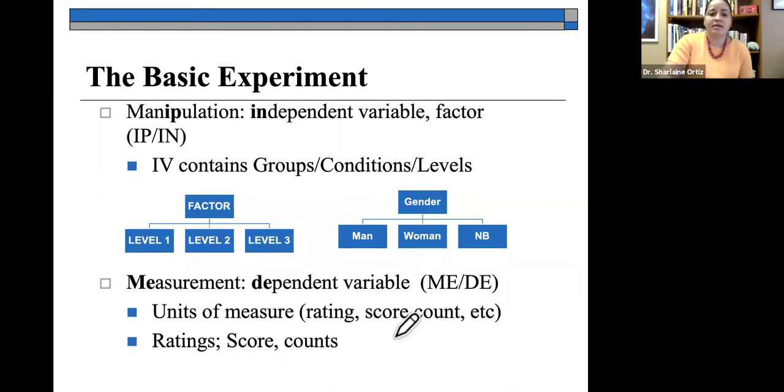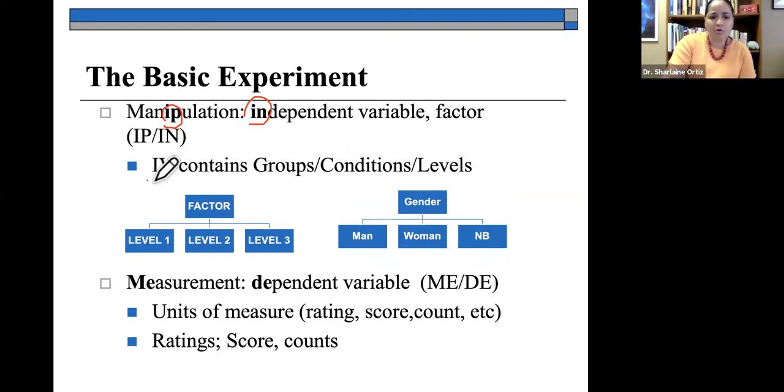Notice that a good way to remember which one of the factors we are talking about is that manipulation. We can think about the independent variable. So IPIN, which is a really good acronym to remember which one is imparting that manipulation, and which one is being manipulated or measured.